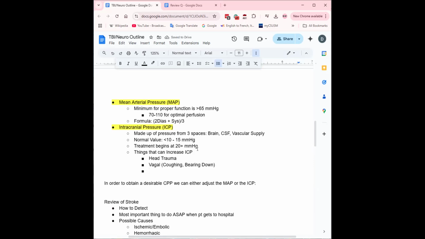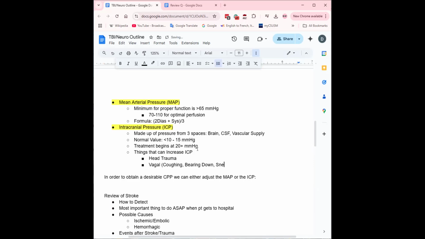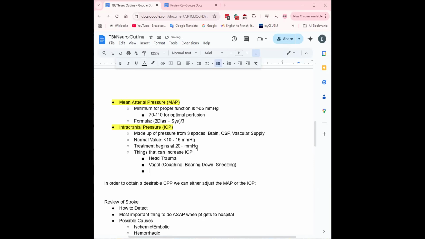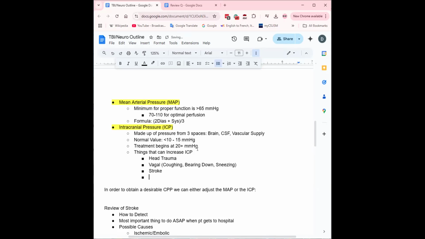Sneezing could do that too, which I think is also part of vagal. A stroke can do that for sure. Hydrocephalus can be a cause, and a mass in the brain too.